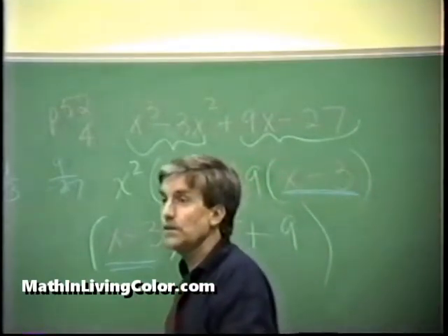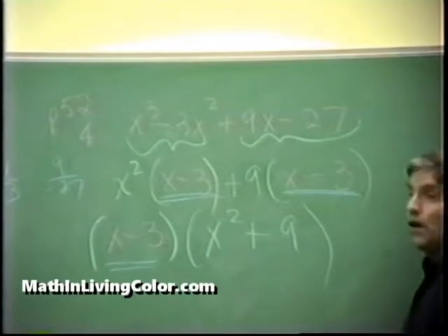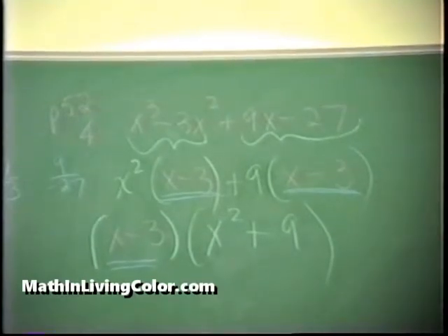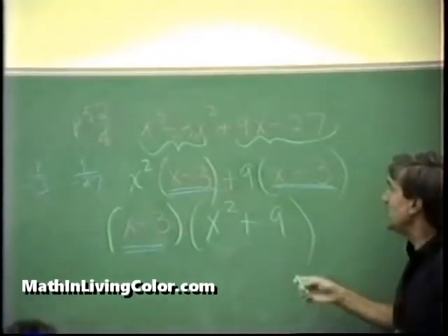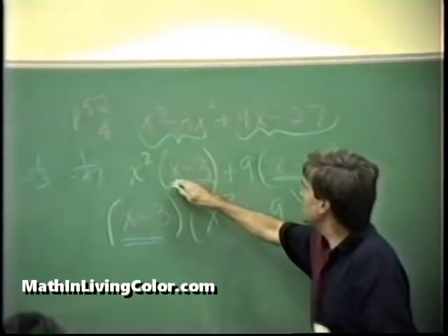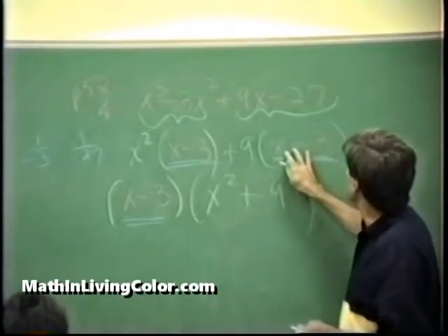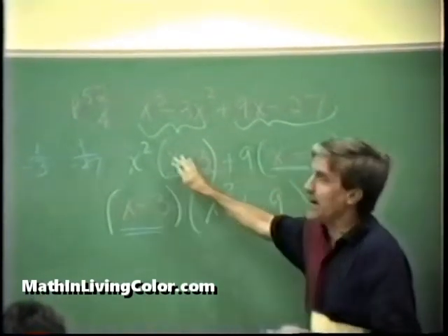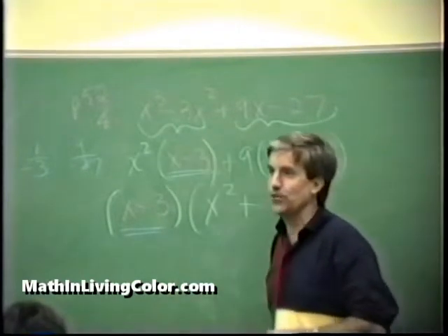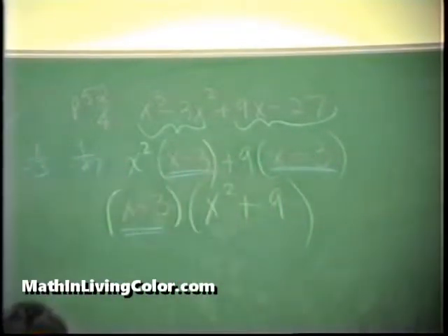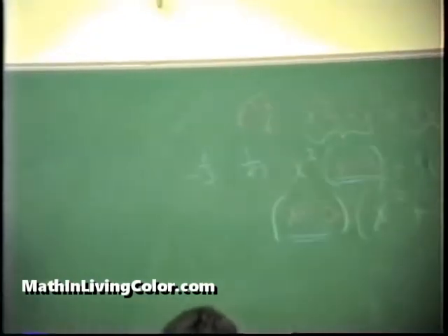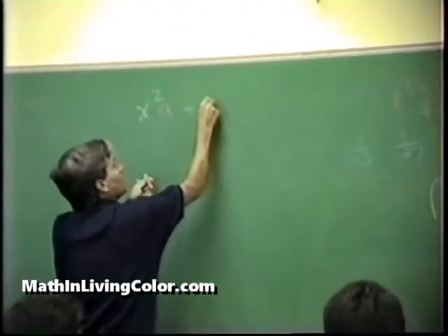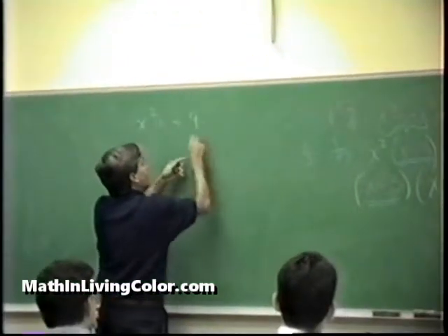Would the x minus 3, would that be squared? I knew somebody was going to ask that. I thank you for asking that question. The question was, since there's an x minus 3 here and an x minus 3, wouldn't there be an x minus 3 squared that we take out for a common? Let me do something else. What if I had x squared a plus 9a?